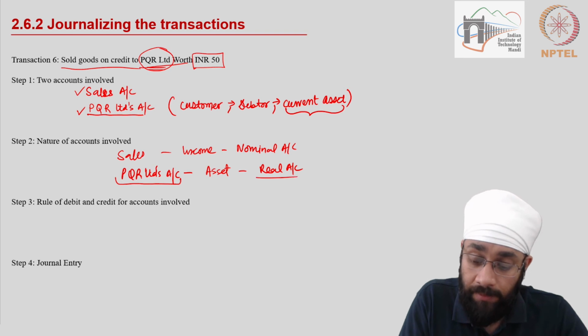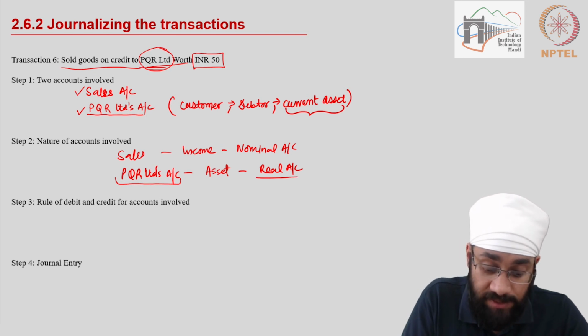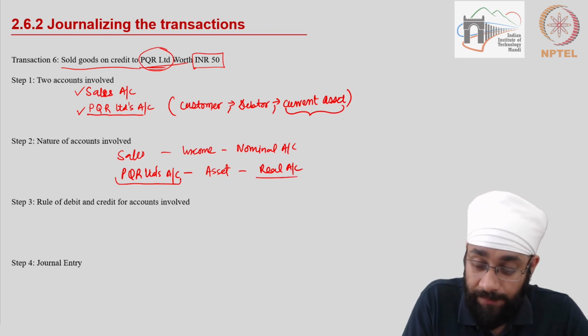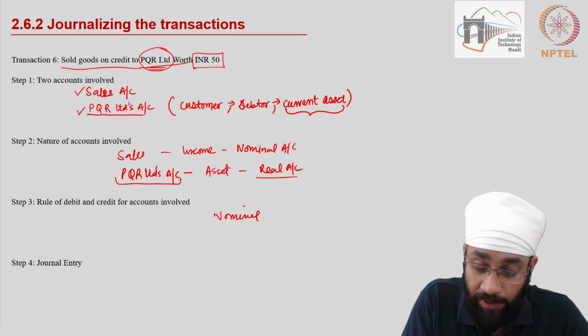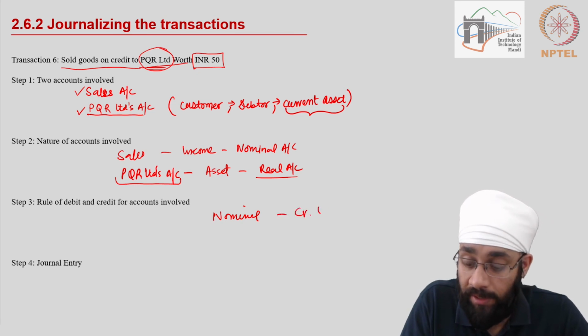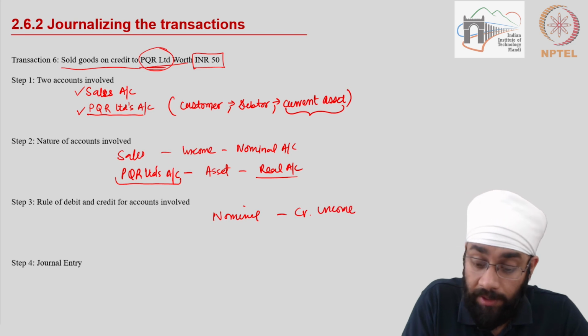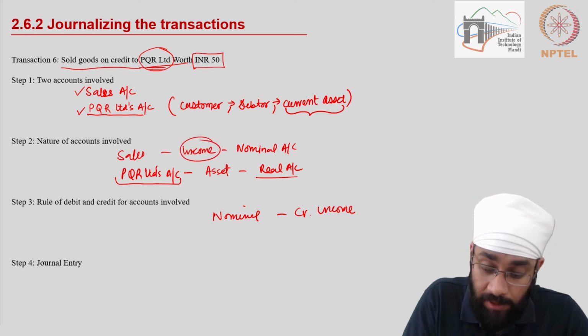So we treat him as a real account, as an asset. So the rule for nominal account is you debit all expenses and losses and credit income. So I'm going to only write this rule, credit income, because I know there is this income.